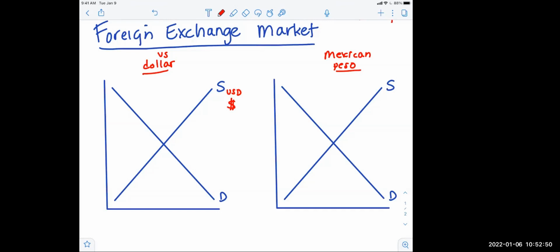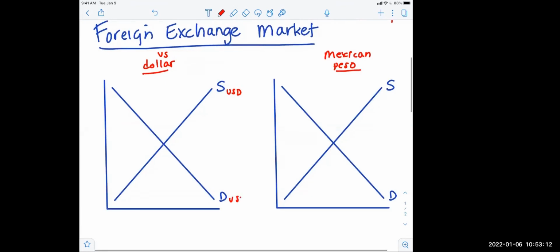So if you just put an S there or just put a D, that's not acceptable in terms of grading, okay? So I just want you to know that you need a subscript indicating that this is for the dollar. So again, it's your choice. If you know the symbol, go ahead and use the symbol, but you always could abbreviate the currency or you could use an acronym like I did here.